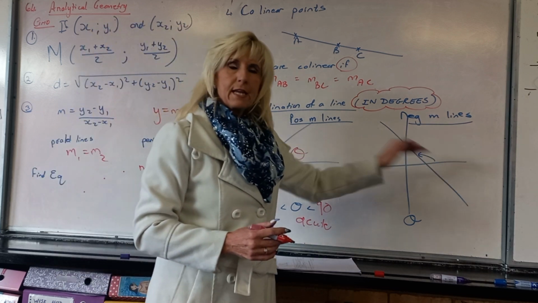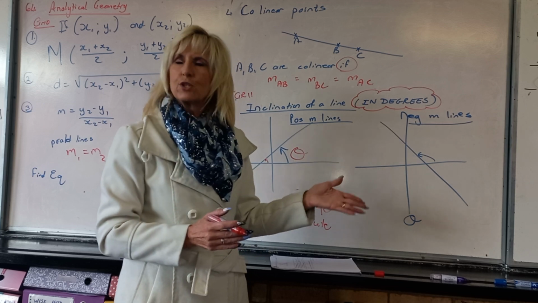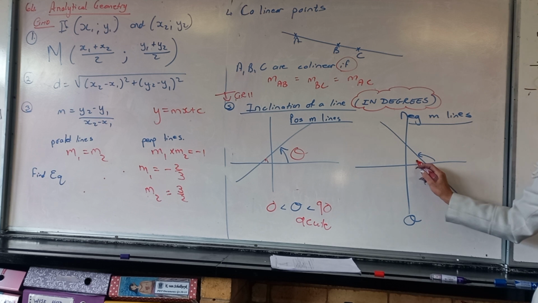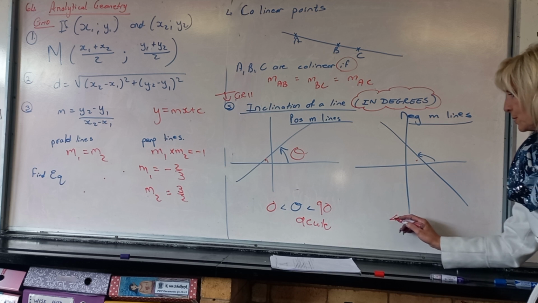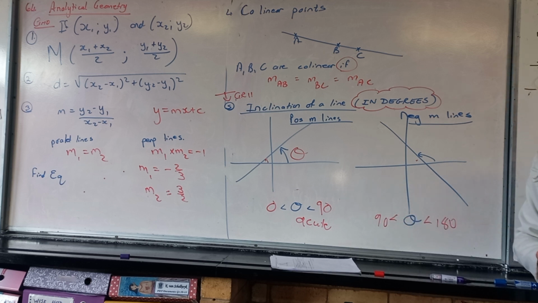And if there's a negative line, your gradient would be negative. Now, please take note, this is not the inclination. Inclination is formed from the positive x-axis up to your line. So this is what angle? Obtuse angle. So it's between 90 and 180. And it can be 90 as well, but then that's a special line, right?